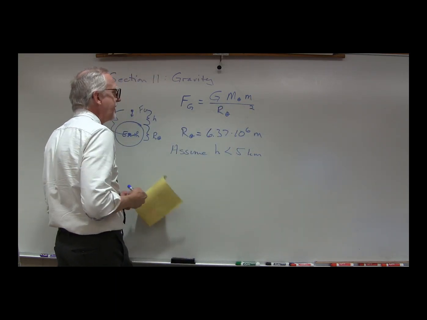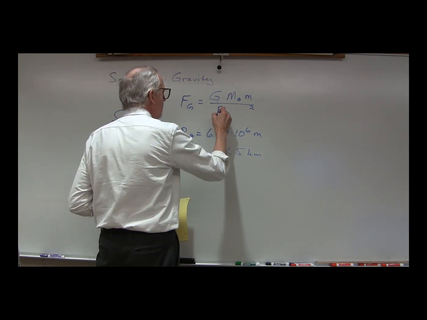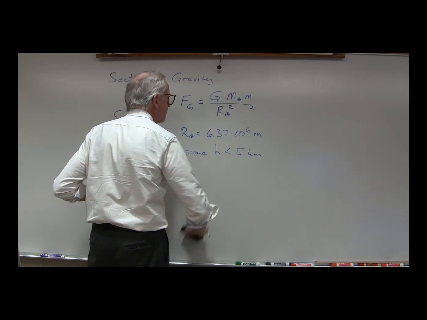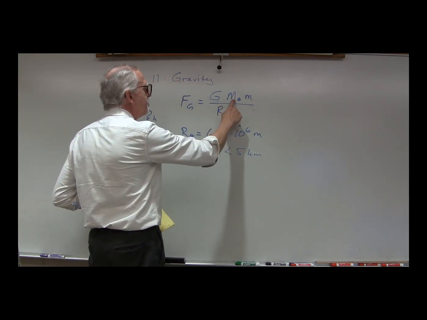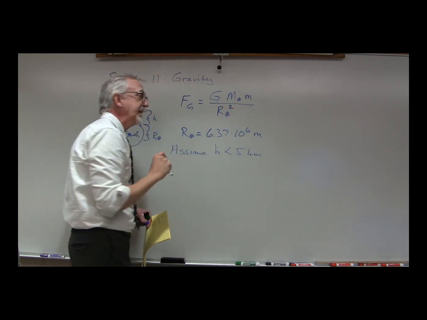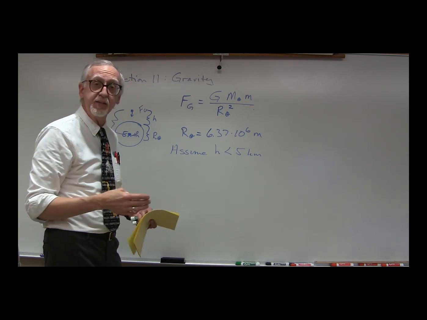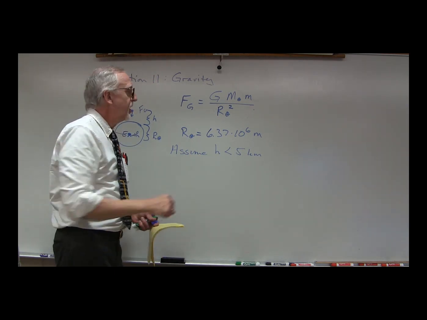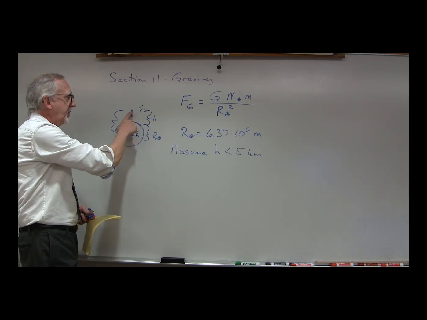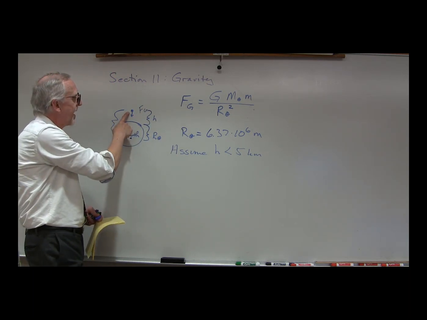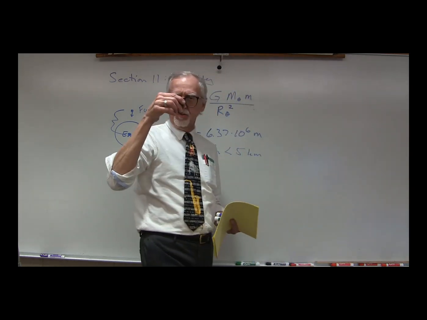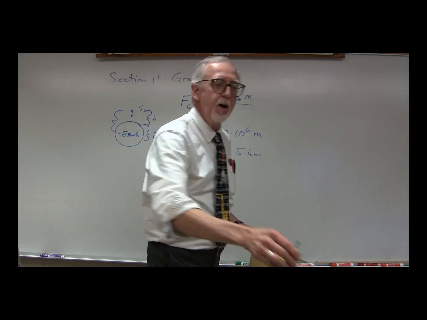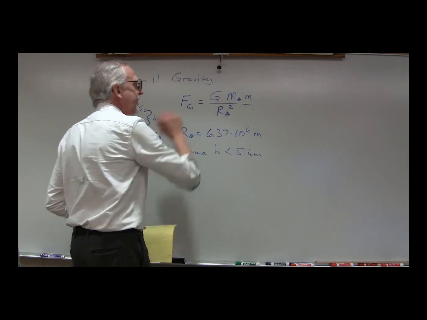So we just end up with the radius of the Earth squared. But notice, G, mass of the Earth, radius of the Earth squared, those are all constant values. The only thing that might vary in this equation is the mass that we're looking at, this mass up here, whatever the mass of our object is. We could put whatever mass we want there, but everything else in this equation is a constant.